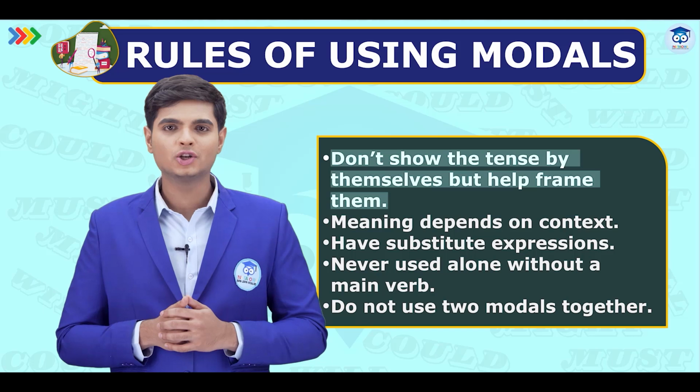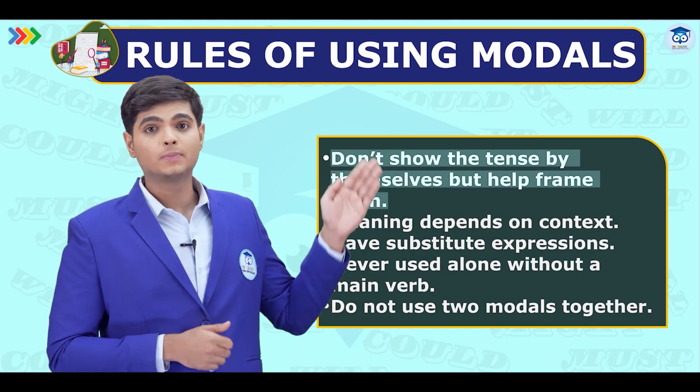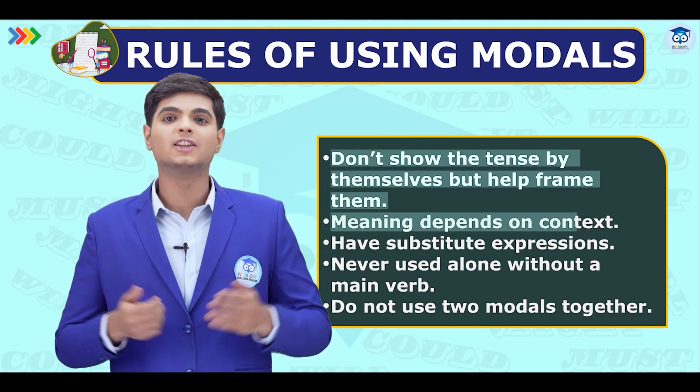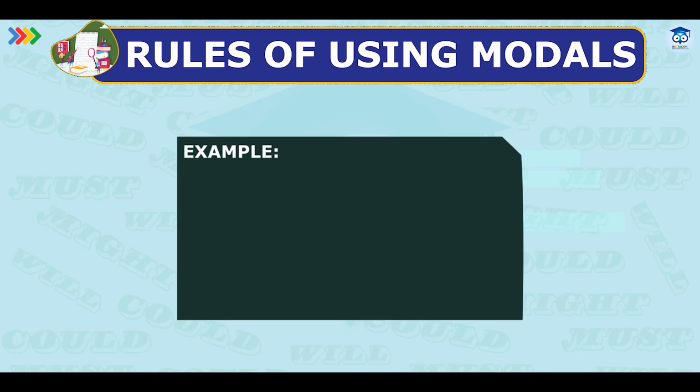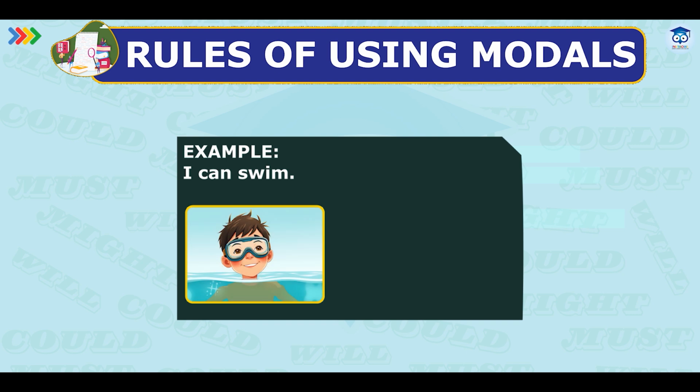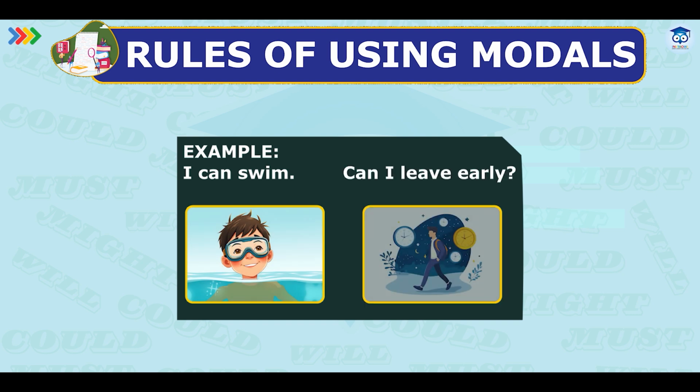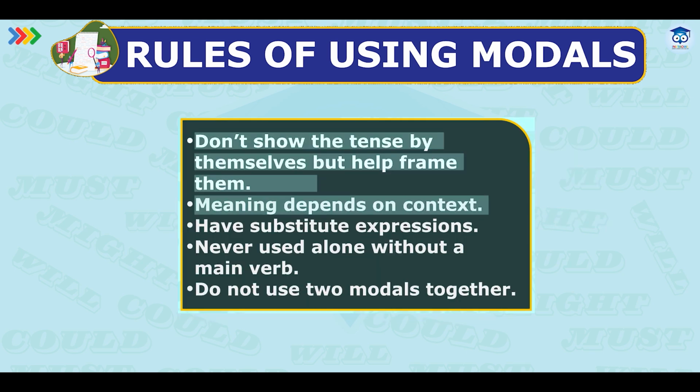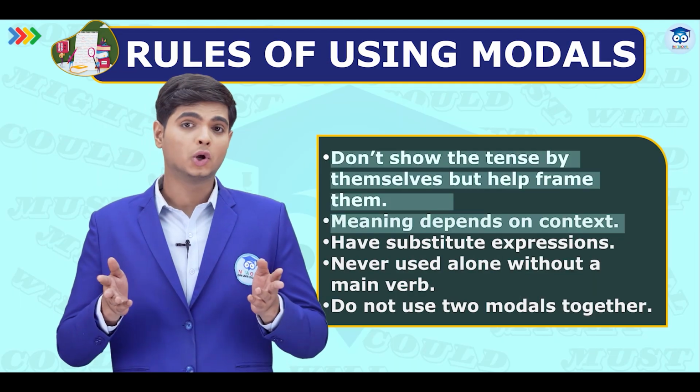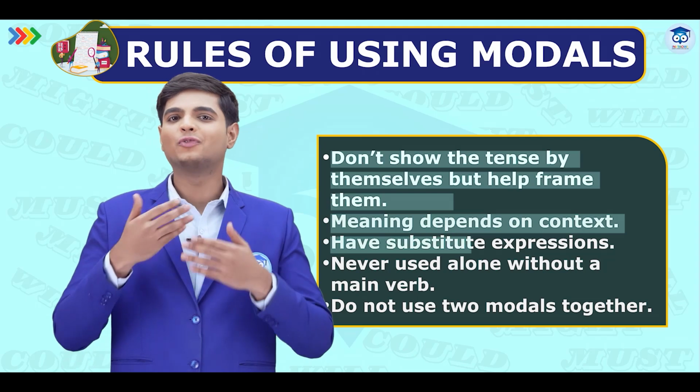Next, it's important to know that modals can express different meanings depending on the context. Take can for instance. Can means ability in I can swim or permission in can I leave early. Similarly, must means necessity. Sometimes modals need alternatives. That's because some modals have substitute phrases.